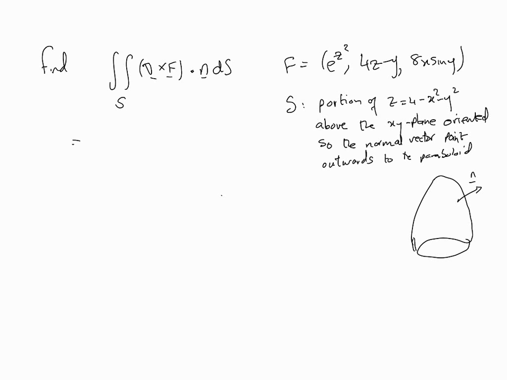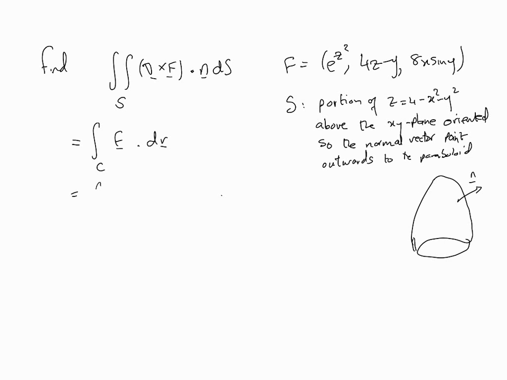Of course, by Stokes' theorem, this can be written as the integral over C, where C would be the boundary of this paraboloid, the curve C, and essentially we're saying f dot dr according to Stokes' theorem.